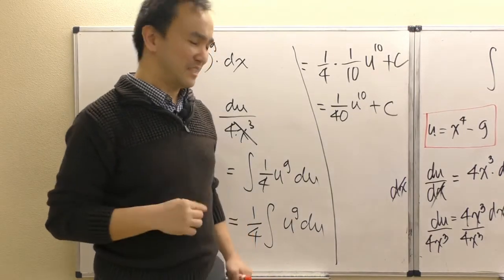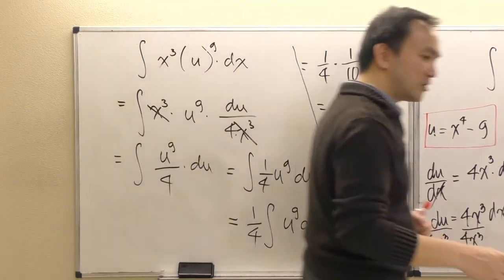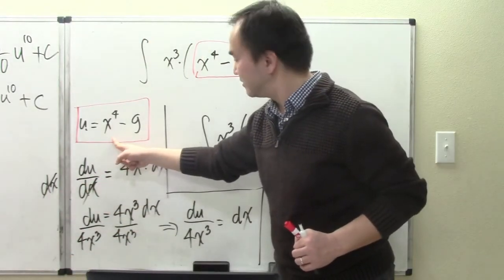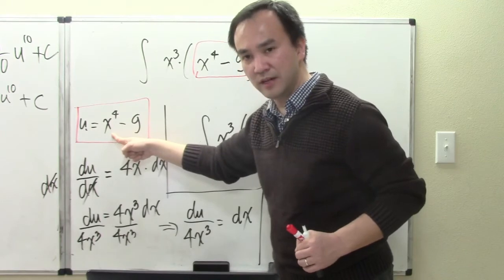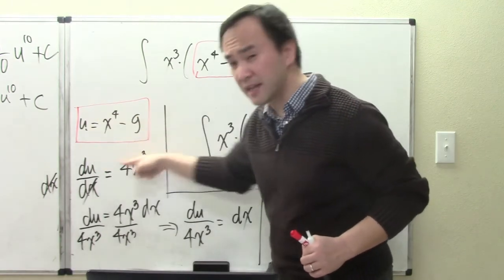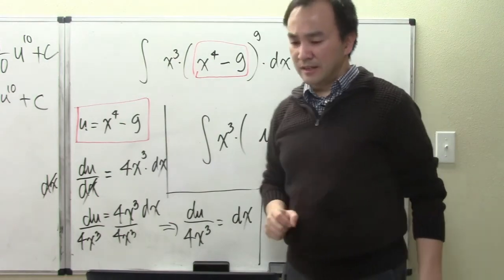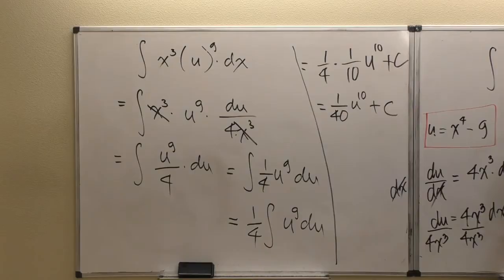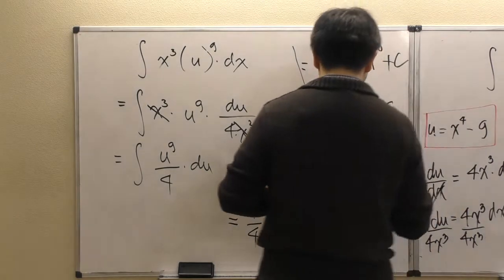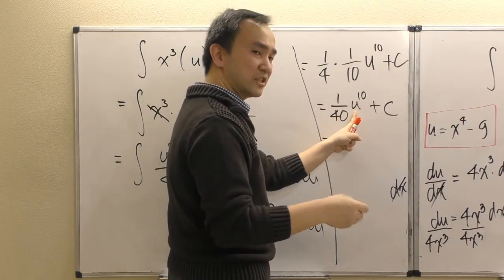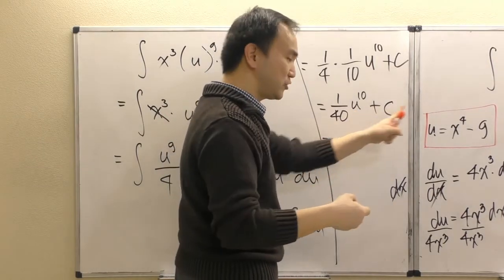Well, but that's easy to handle now. Let's look back right at the substitution that we made: u was equal to x to the 4th minus 9. We made that substitution. So now I'm just simply going to replace my u, or resubstitute that u back for what it was.